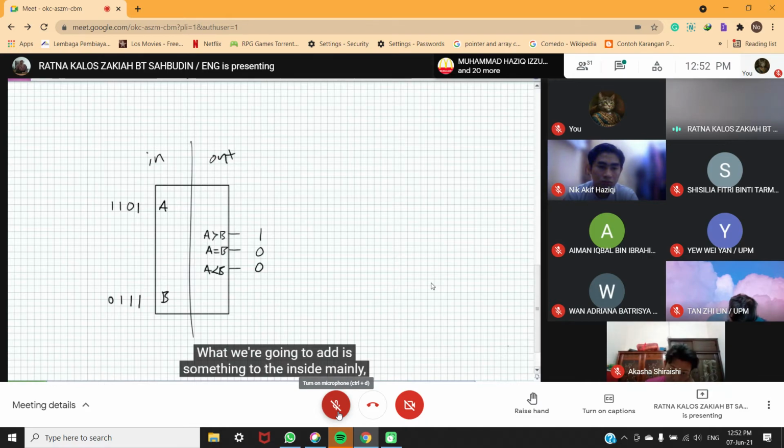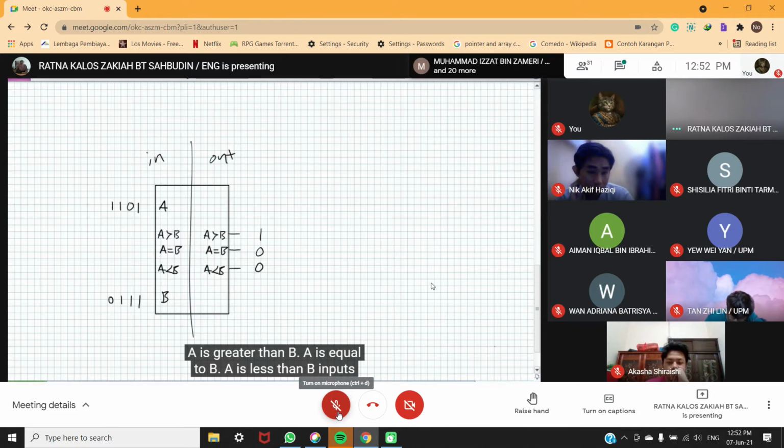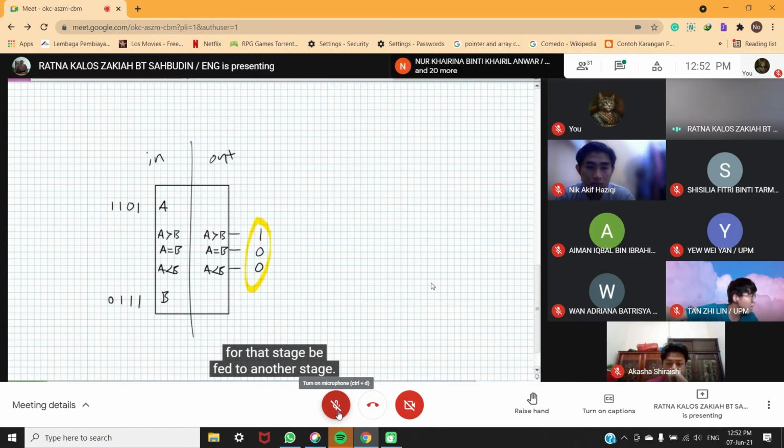What we're going to add to the inside is A is greater than B, A is equal to B, A is less than B inputs from a previous stage. What's neat about this is that these could be the outputs for that stage, fed to another stage. So if you can imagine here, this is A3 to A0, and the one below is B3 to B0.